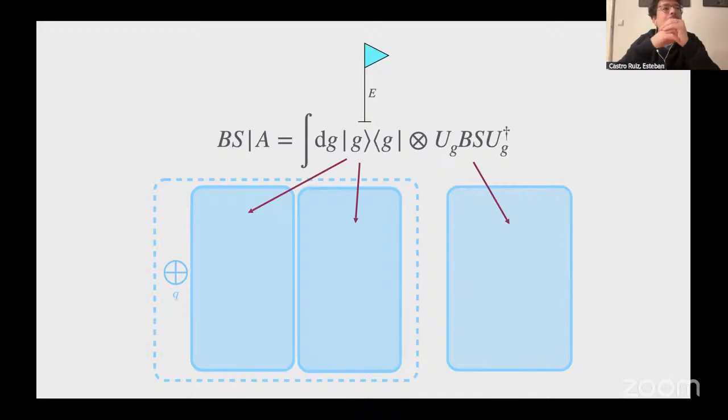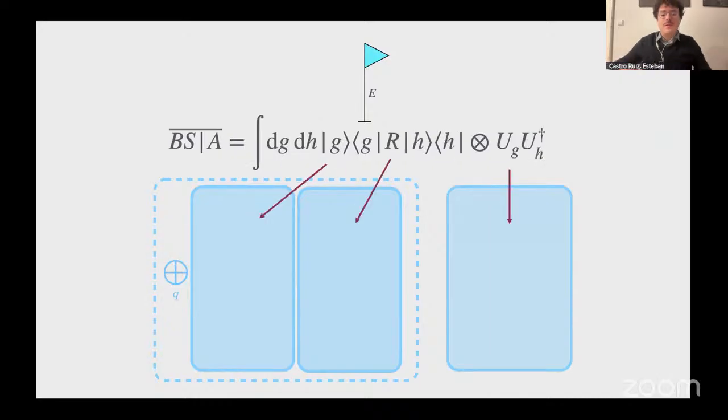What I would like now is to go to a description that looks more like ordinary quantum theory, where a subsystem is simply a tensor factor of the Hilbert space, something that looks more like Nielsen and Chuang, in such a way that the reference frame becomes implicit. I am using it, but I'm using it in the background somehow. And this would be Alice's description. So how do we do this?